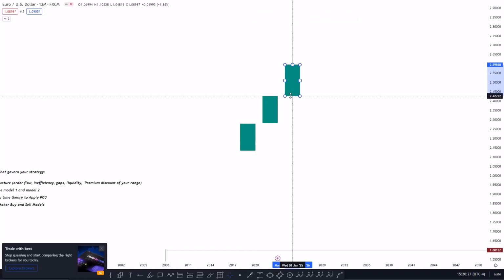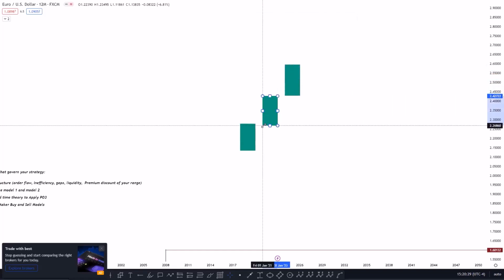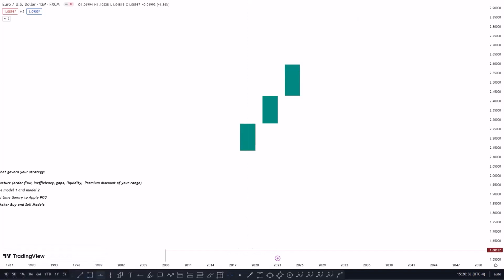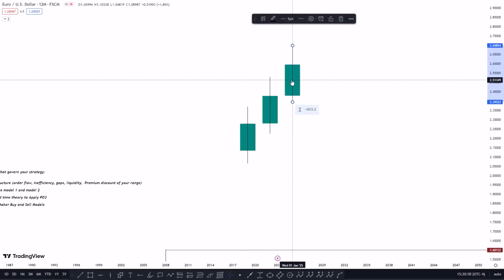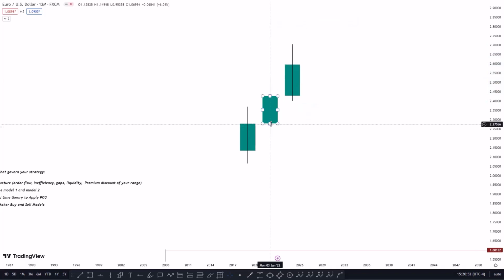You are going to see the power of this. You see this candle opens here, for example, and then you have your candlestick high and low.